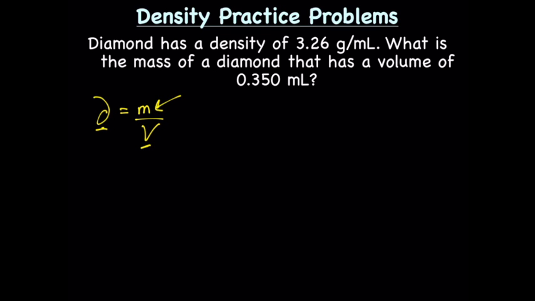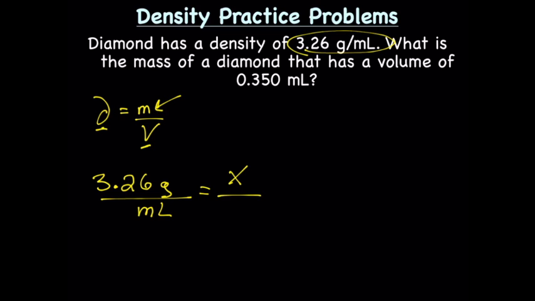Okay, so we'll start with our density here. We have 3.26 grams per milliliter equals, we don't know the mass, so that'll be our X, over volume, right?